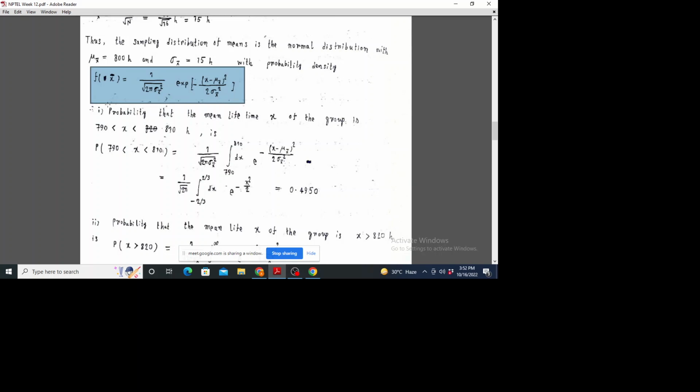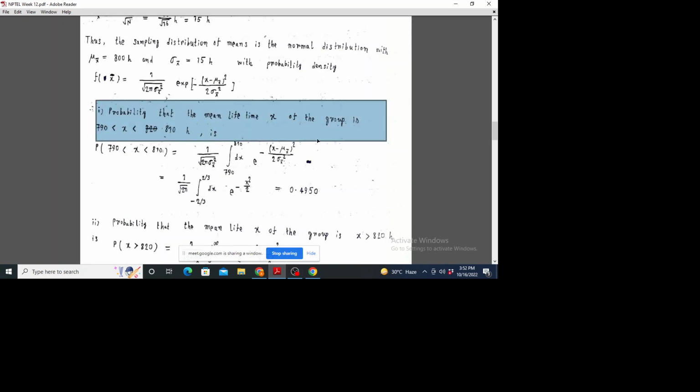Now we have to find the probability that the mean lifetime x of the group is 790 to 810. The mean lifetime is the random variable actually, and its value x is the value taken by the random variable. So the probability that x lies between 790 and 810 is what we need to find out.